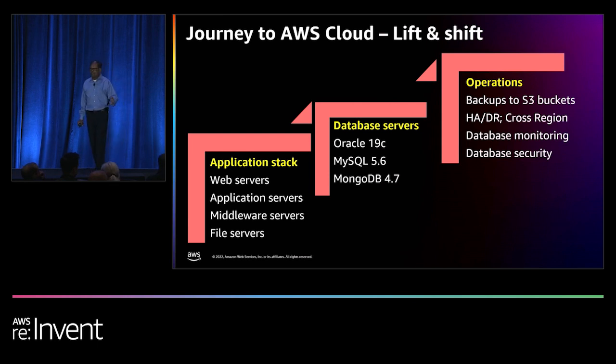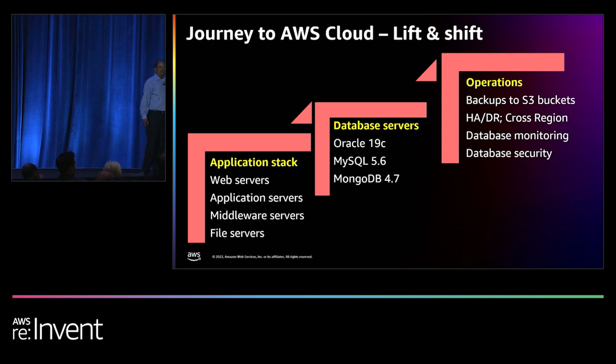We identified the comparable EC2 instance classes and sizes, used general purpose storage, and were able to build our web servers, application servers, middleware, and file servers, all on comparable EC2 servers, the C class, M class, and R classes. We also built our database servers in the cloud on EC2 instances comparable to our physical servers.